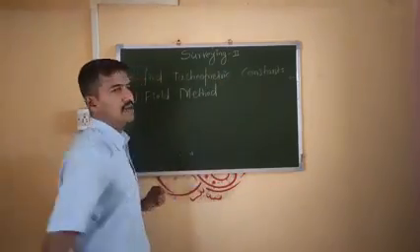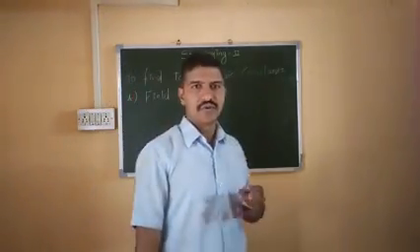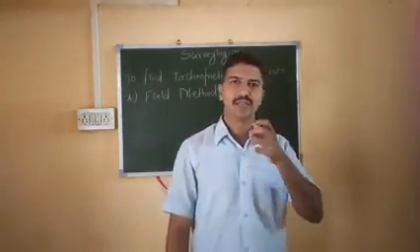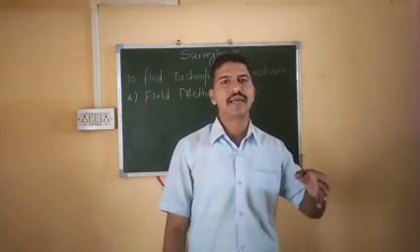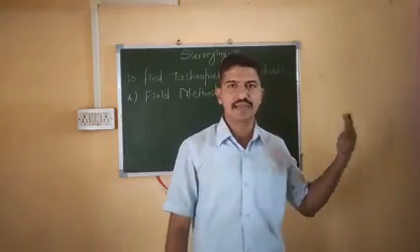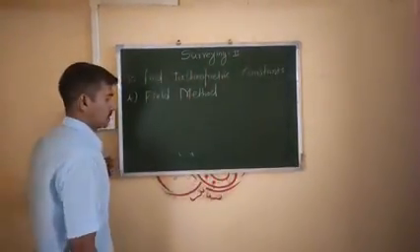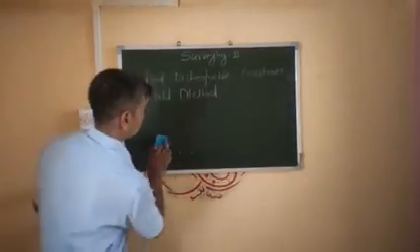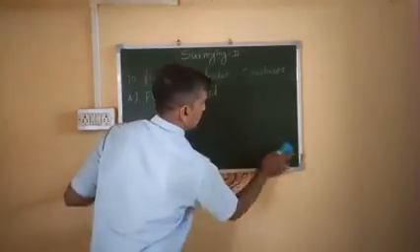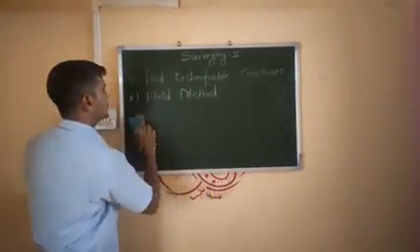In the field method, we go to the field, take the tachymeter, and assume 3 points A, B and C at particular distances, and then go for the observations.